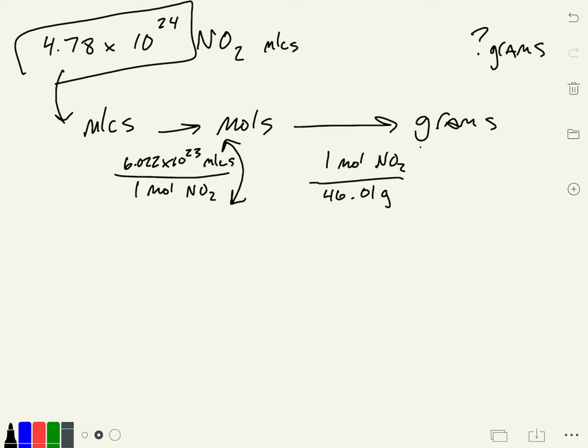And then moles also needs to cancel out to get grams. So these two conversion factors are not laid in here properly. But if you do the math, you should come out with 365 grams of NO2.